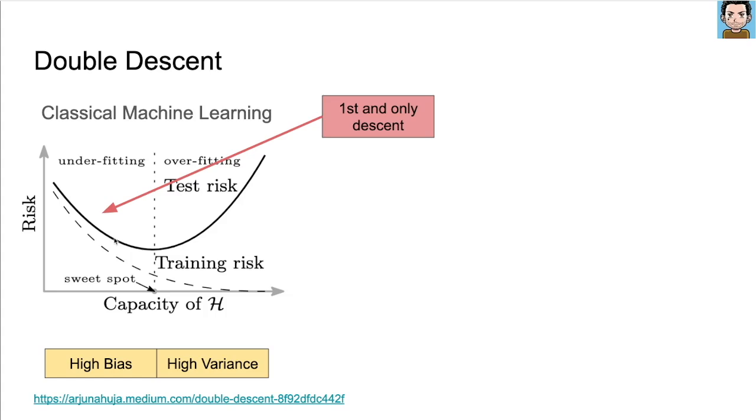From this classical perspective, we observe a single descent in the generalization error. This happens when our model is underfitting, and we are accordingly advised to keep our model's capacity low to avoid overfitting. The double descent paper offers a different perspective in which we observe not a single descent, but two.